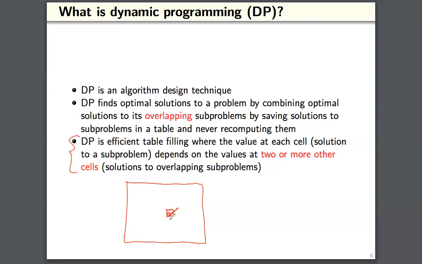The solution of the entire subproblem is just one cell. So 1, 1 means the solution of one subproblem. 1, 2 represents the solution of another subproblem. Here I'm just giving the position numbers: row 1, column 2, row 1, column 3, and so on. But you will store the values here.